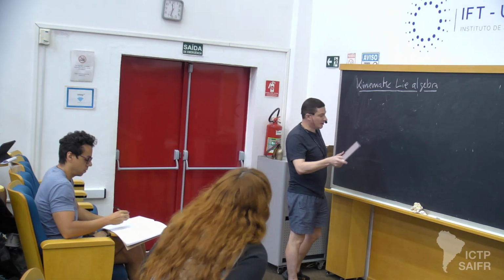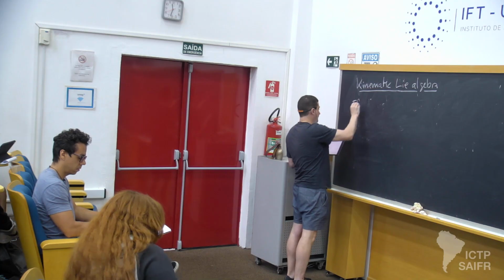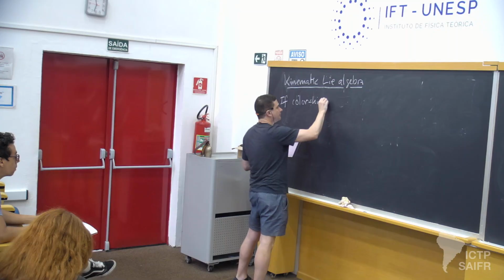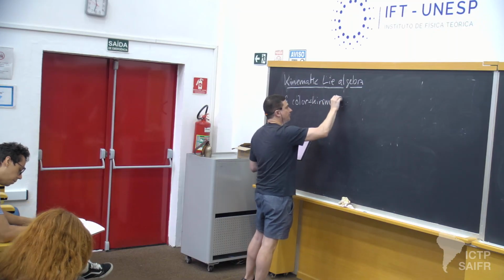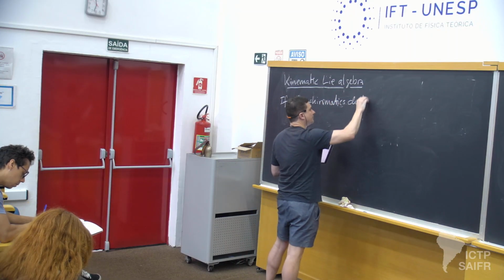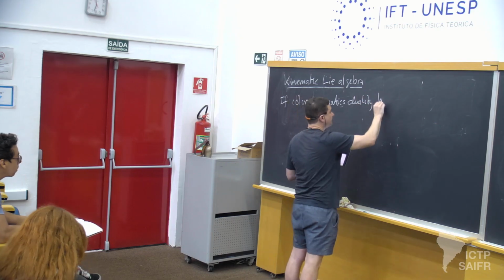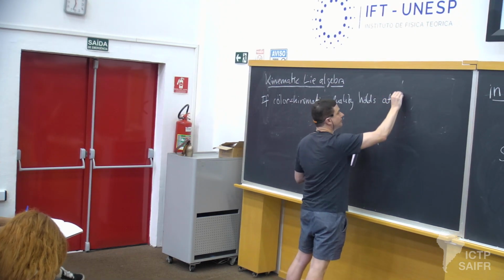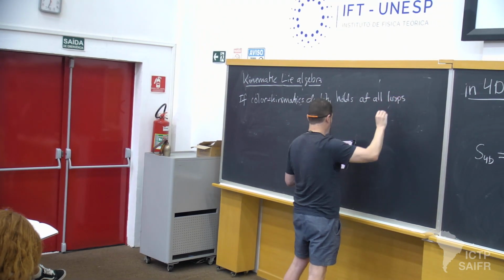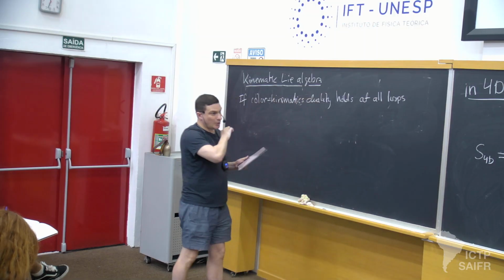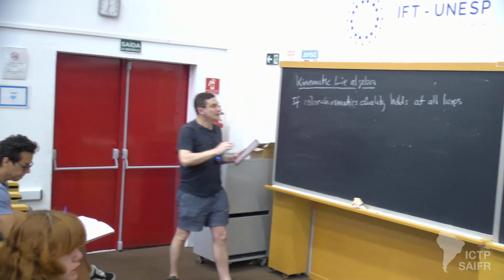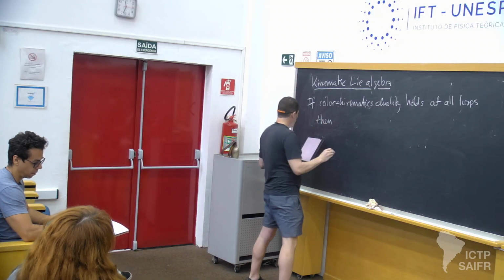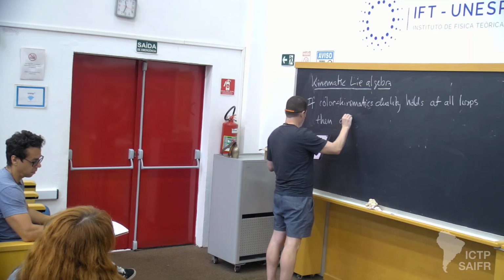So I said I'm not going to talk about loops, but here's a statement about loops. If color-kinematics duality holds at all loops, and by that I mean that you have a way of finding numerators to all loops that satisfy color-kinematics duality, then I would say that a kinematic Lie algebra should exist.